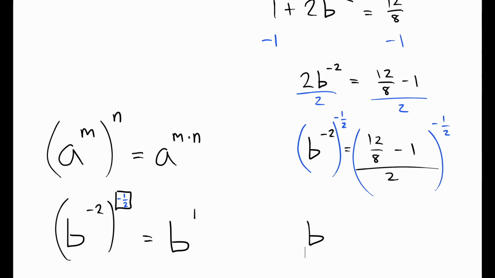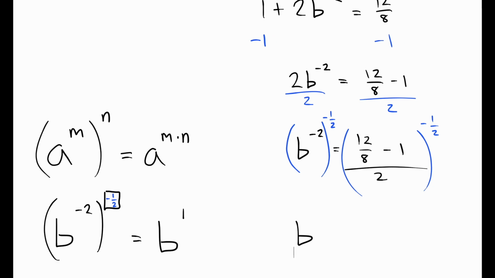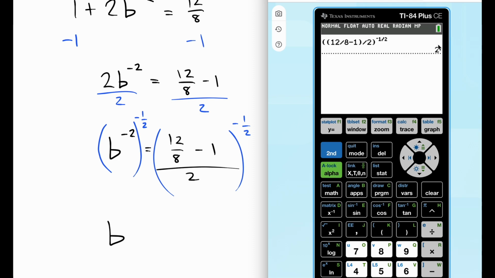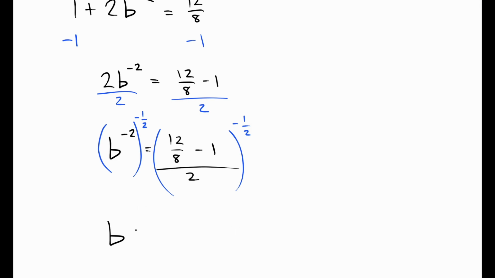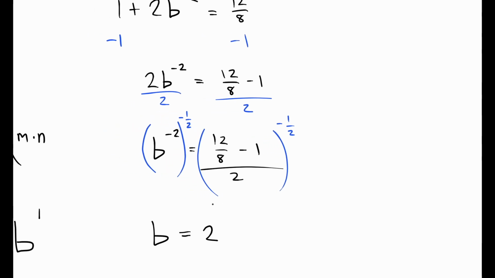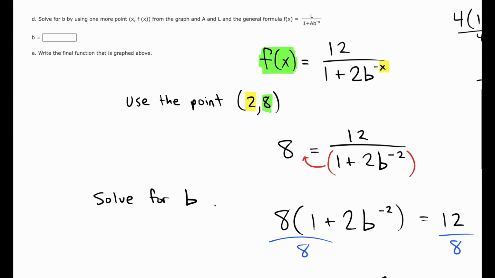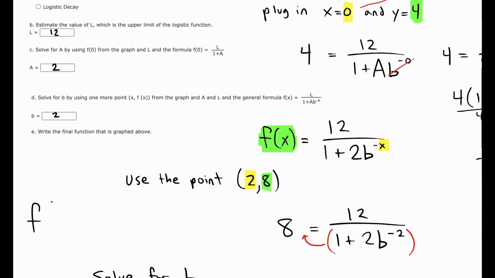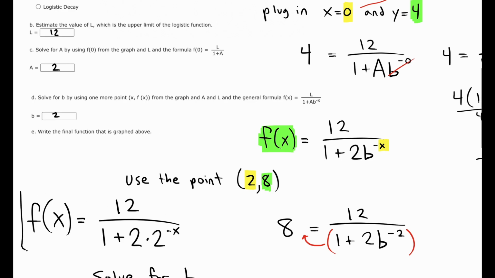And we can use a calculator to find this answer. It's 2. So that allows us to give a final answer for our function. Our function is 12 over 1 plus 2 times 2 to the negative x.